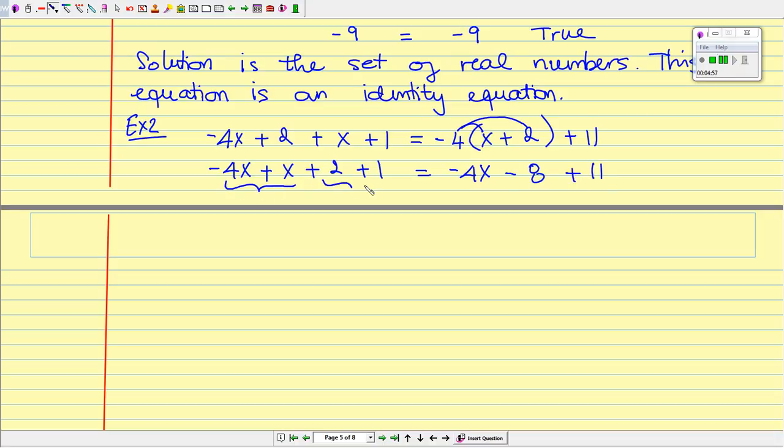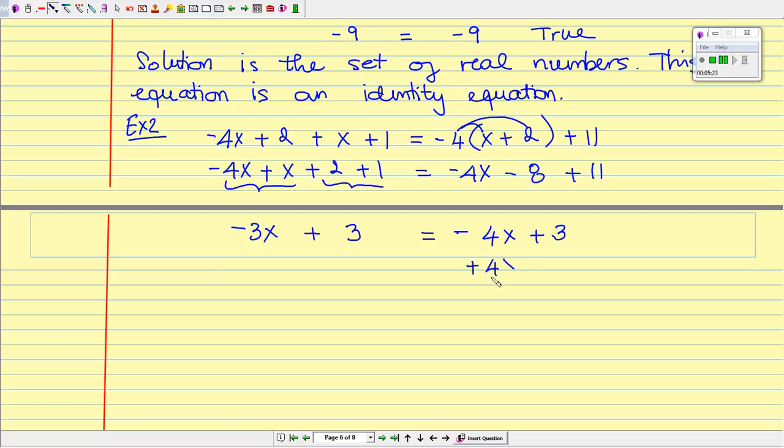Going back to the left-hand side, we combine like terms. That will give us negative 3x plus 3. On the right-hand side, we will have negative 4x plus 3.